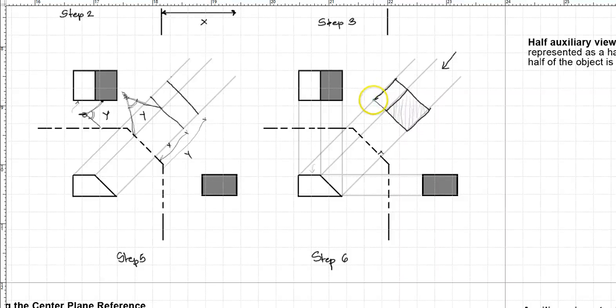So that has to be drawn over here as well, and this is a complete auxiliary view. But all we're worried about is this one right here, because the top part has now foreshortened.